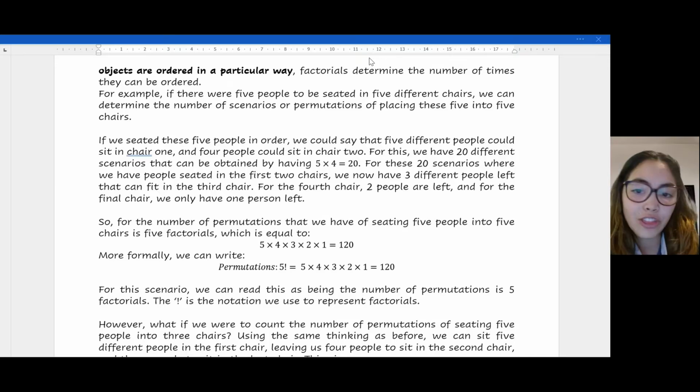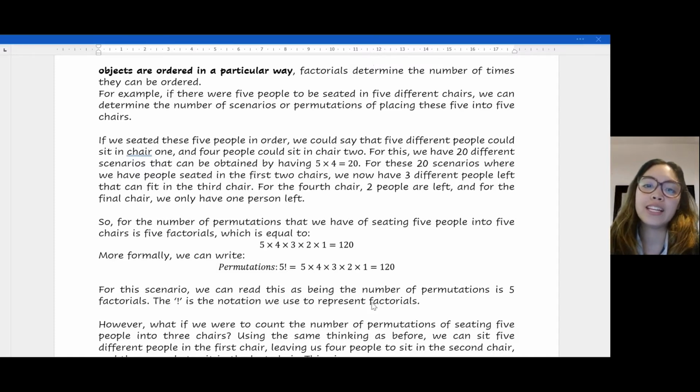So to actually calculate the number of possibilities, or the number of permutations of seating these 5 people into the 5 chairs, is what we call 5 factorial. So this is 5 times 4 times 3 times 2 times 1. That is 5 factorial. So that is our possible events, the number of possible outcomes that we can have of this particular scenario.